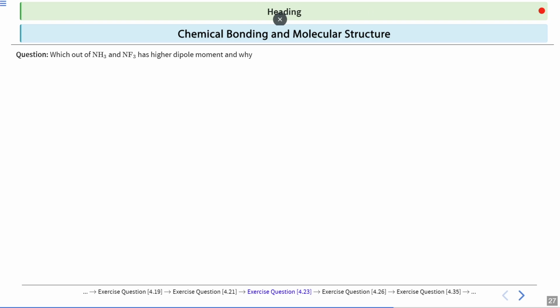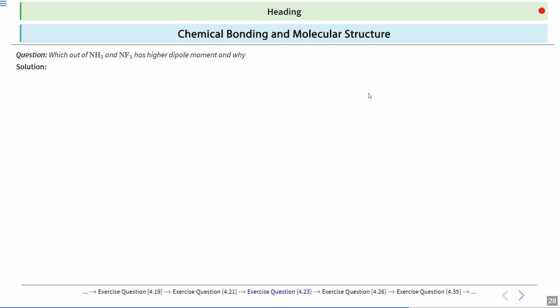So let us look at the answer now. Both of them will have the same shape and the same geometry, no question about it. But the question is which one will have a greater dipole moment. I hope this answer surprises you, because most students must have assumed NF3 to be the higher dipole moment molecule, but that will not be the case.